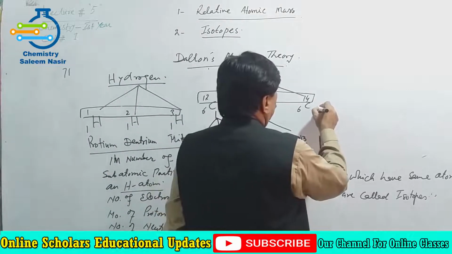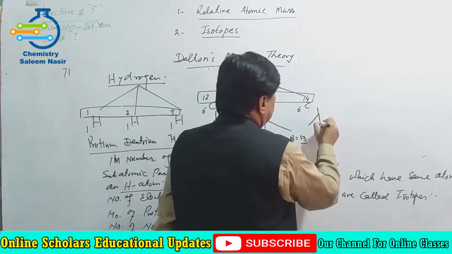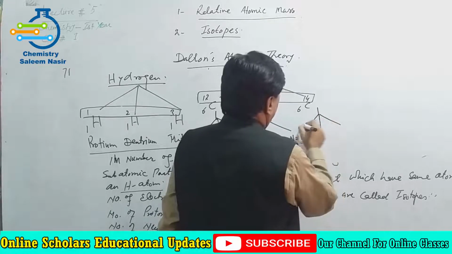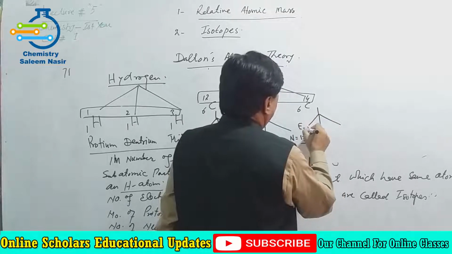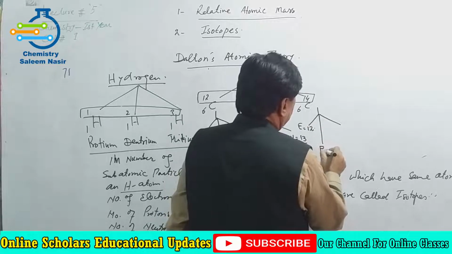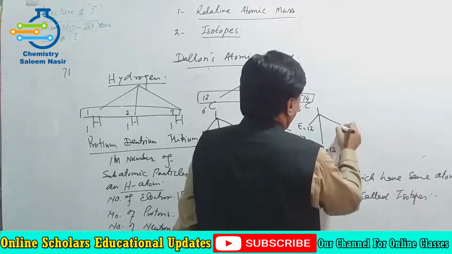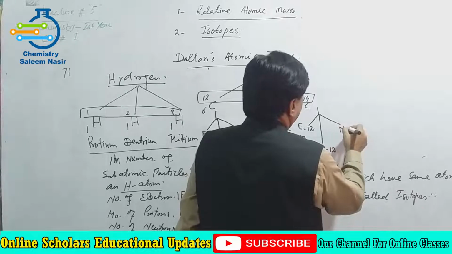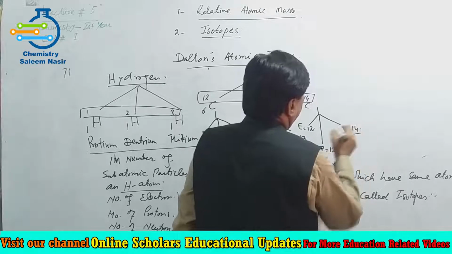And the same for C-14: 12 electrons, 12 protons and 14 neutrons.